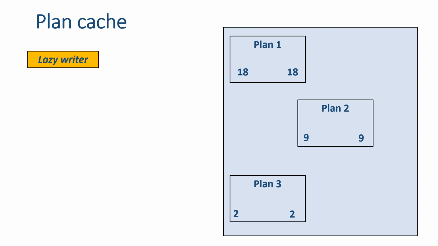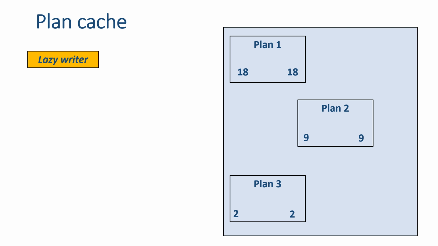Whenever it kicks in, it goes ahead and checks if there are any least recently used execution plans. If it doesn't find any in use, for each object it will decrement the complexity countdown value by 1 each time it sees that the plan is not being used.